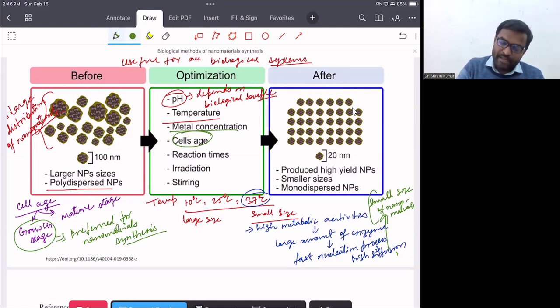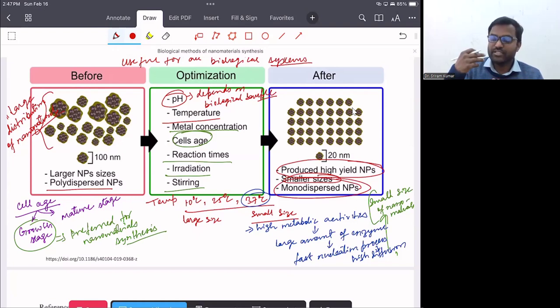Another important parameter is reaction time, which depends on the kind of cell you are using, and whether you use a short time or a long time. We have other parameters, such as irradiation, the stirring process, and the diffusion of the metal ions to the bacteria, extracellularly or intracellularly. If we control these parameters, we will have very good control over the nanoparticles. We will get a smaller size as compared to a larger particle size, a high yield of nanoparticles, and monodispersed nanoparticles.